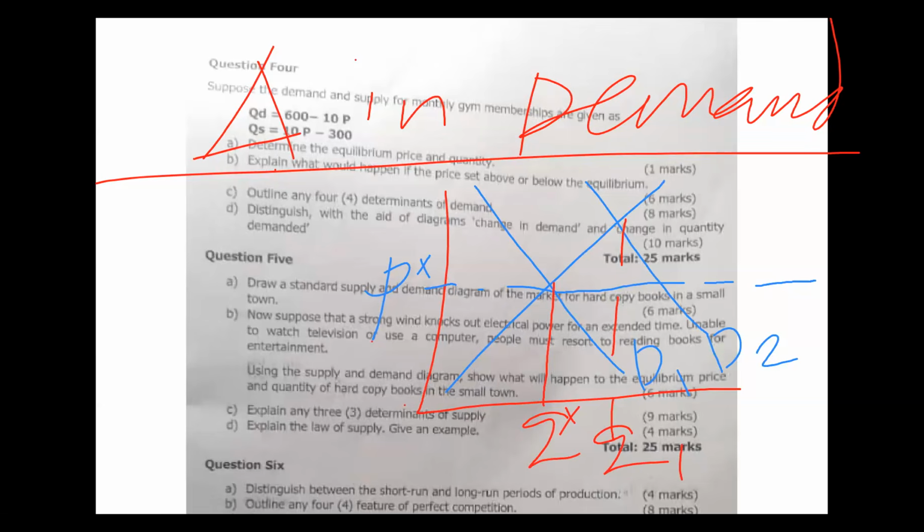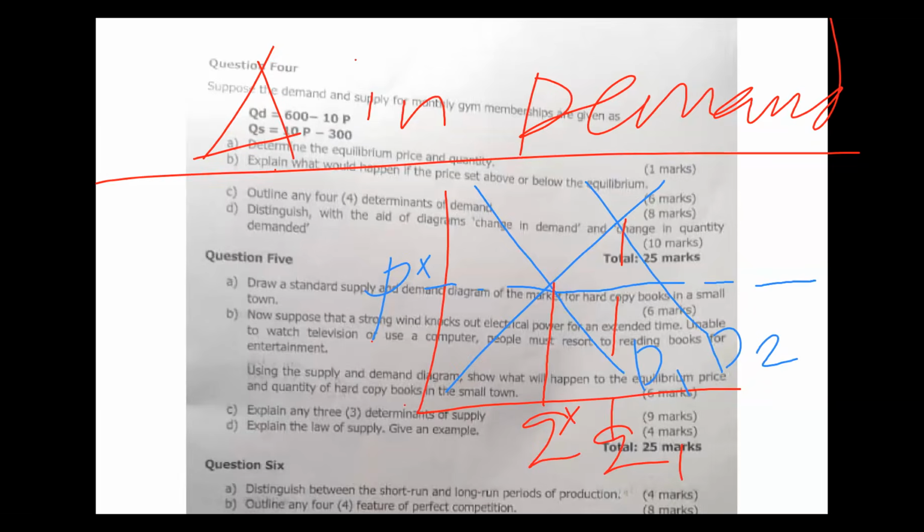So the change in quantity has been affected by the factors that affect demand other than price. Of course, the price that I'm talking about is the price of the product, the own price. That will cause a change in demand, not a change in quantity demanded.